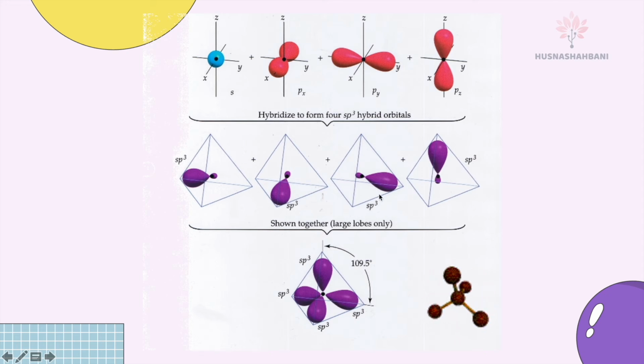But you don't draw them separately. You draw them in one. So it's 4 sp3 hybridized orbitals, and this is the tetrahedral shape. If you look at the angle, it's the tetrahedral angle, 109.5 degrees.